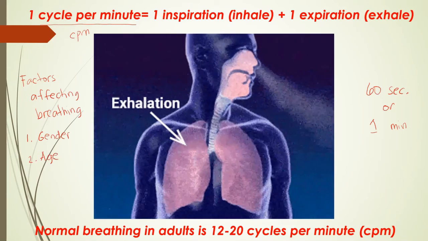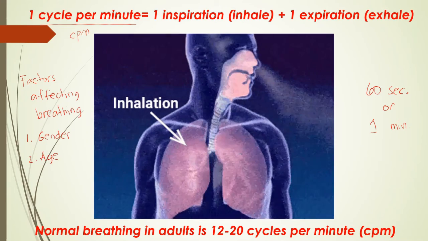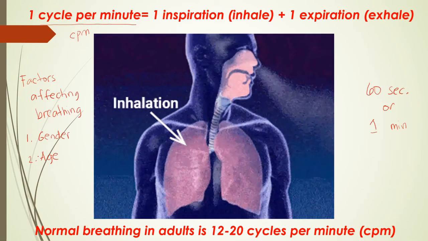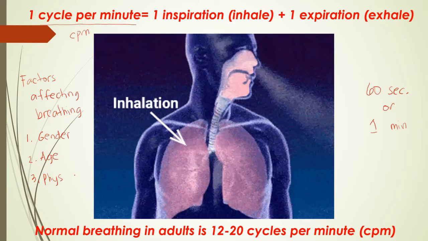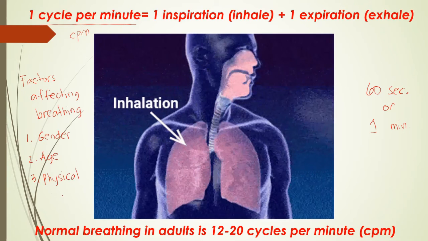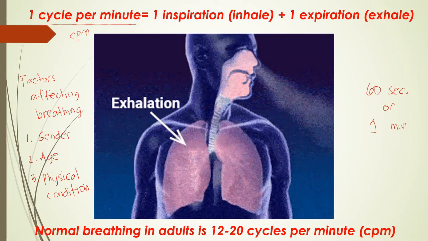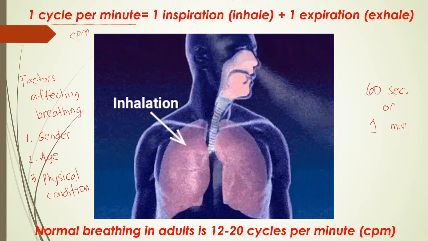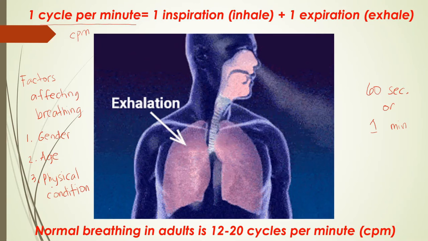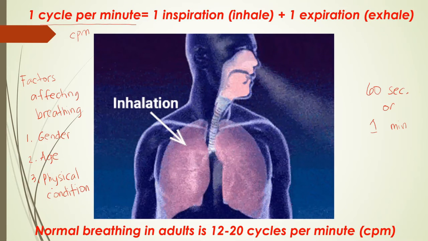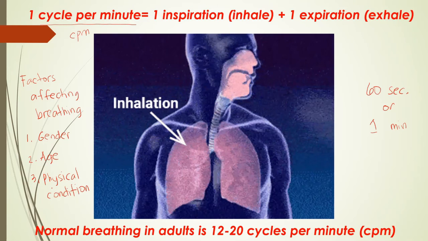Maybe they're old already, or maybe they are still younger than you. Or it can be the physical condition. So maybe that person goes to the gym, or he is an athlete. An athlete is a person that is physically fit to join any sports event.